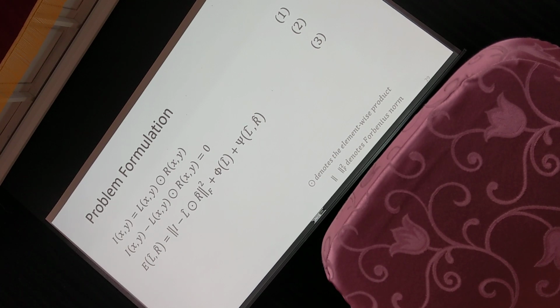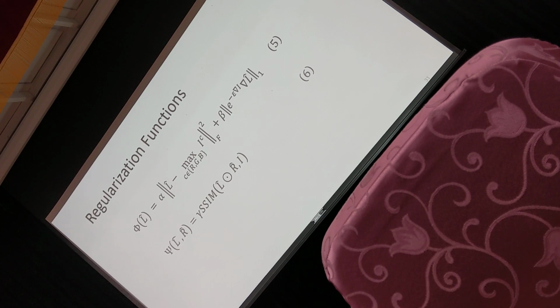Where phi and psi are the regularization terms or functions to teach the model some domain knowledge from humans. So the problem is how to minimize this energy function so that the reconstructed image will be as close as possible to the source image.